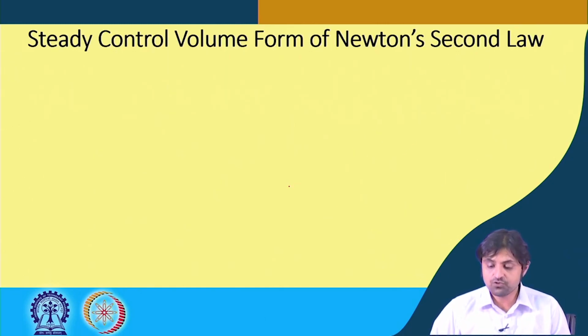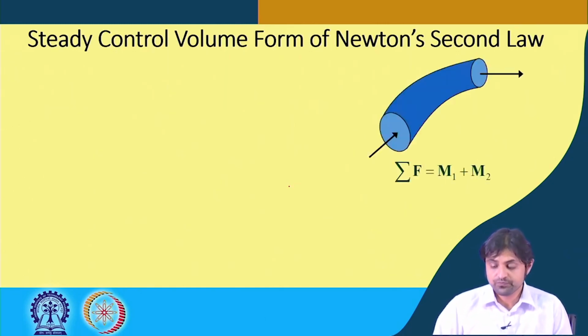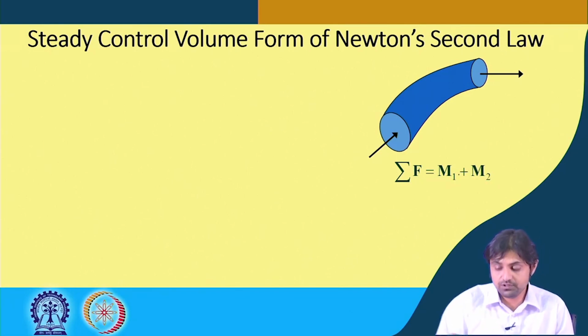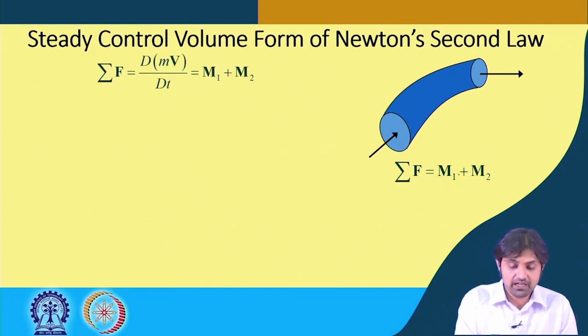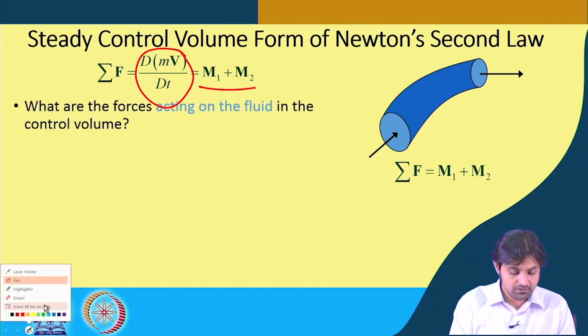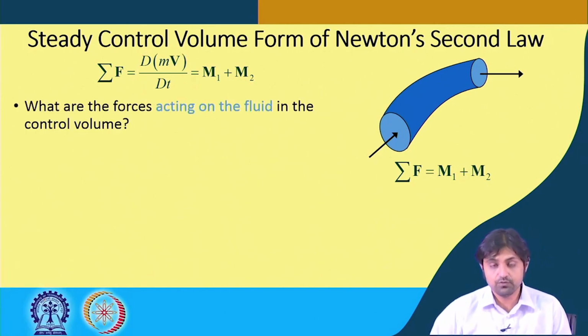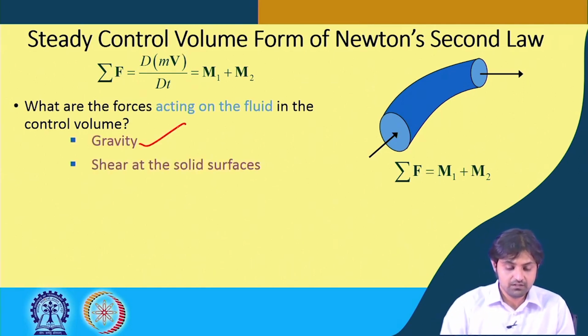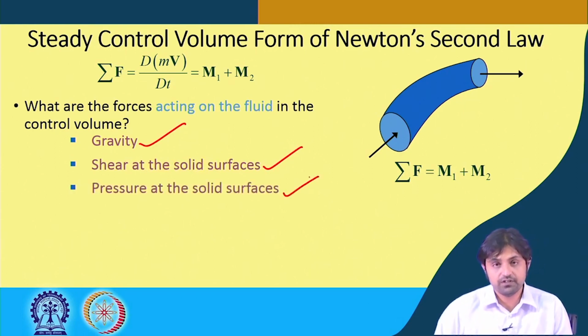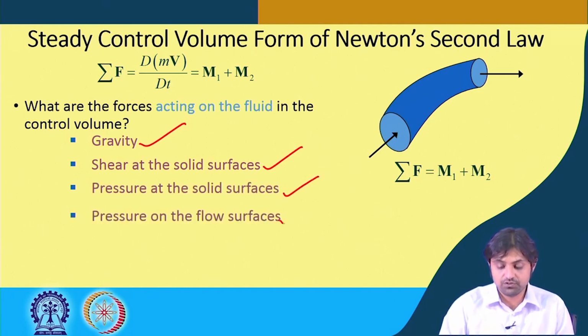Now, the steady control volume form of Newton's second law. The net force F is the sum of M1 and M2, as we already told you in the last slide: sigma F equals d(mv)/dt equals M1 plus M2. Now, the question is, what are the forces acting on the fluid in the control volume? One is gravity, another is shear at the solid surface, or pressure at the solid surface, and pressure on the flow surfaces.